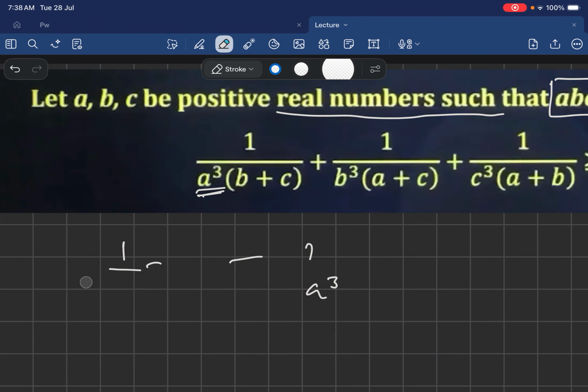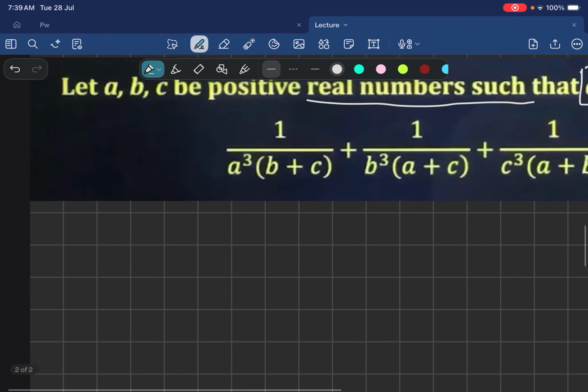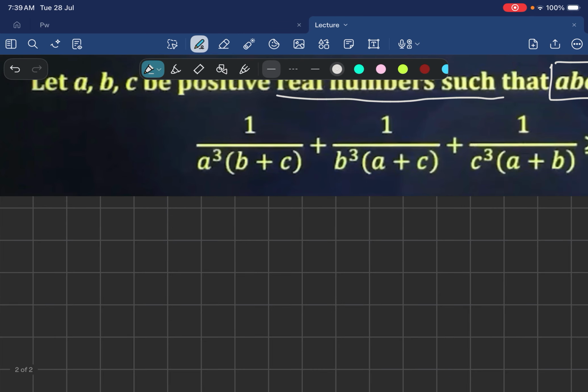Okay, so this would somehow remove this a cube from the denominator. So this is my first strategy and the very first thing that comes to my mind when I look at this question. Denominators have to be linear and as simple as possible.